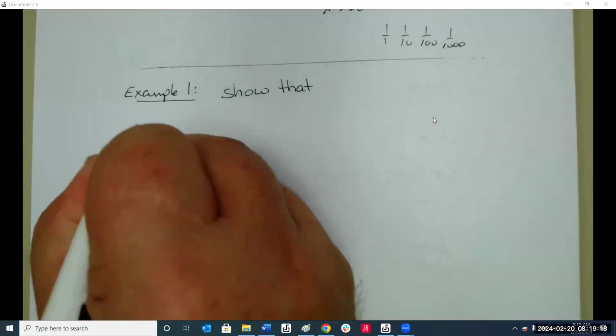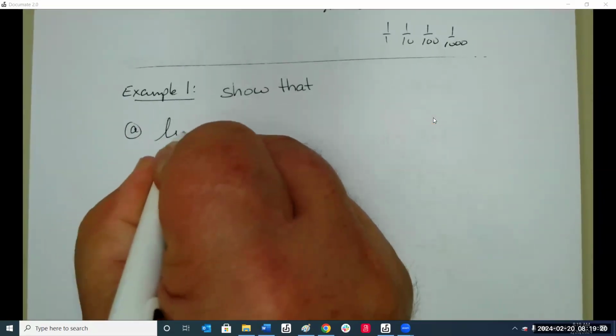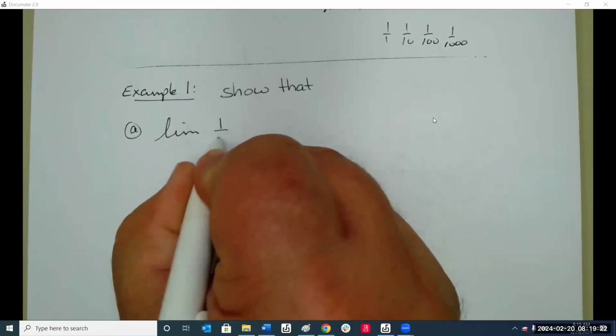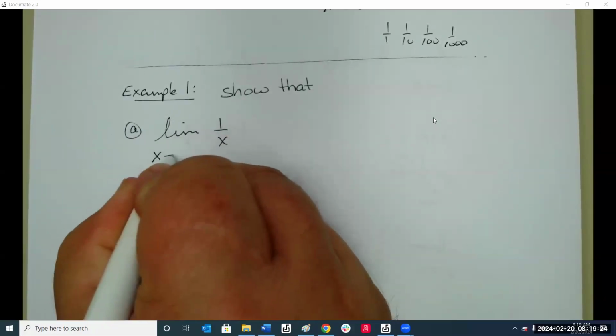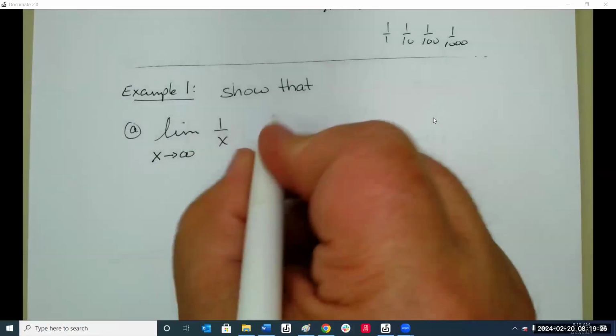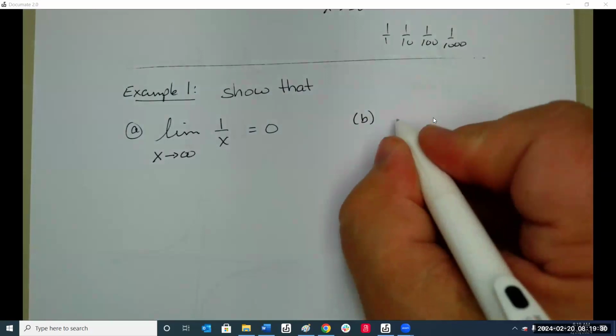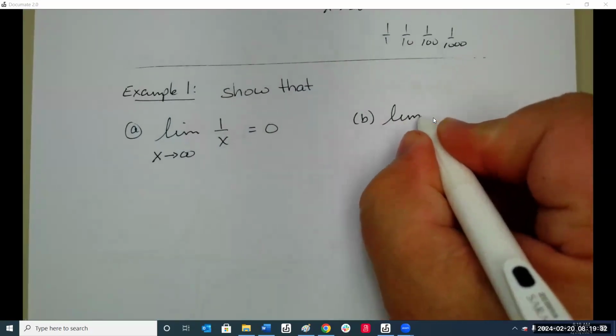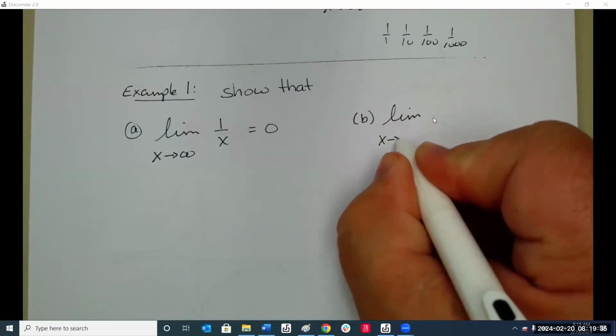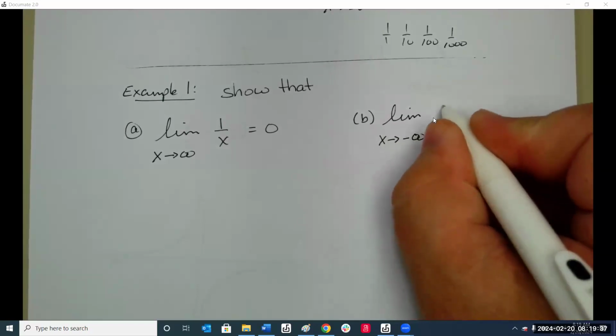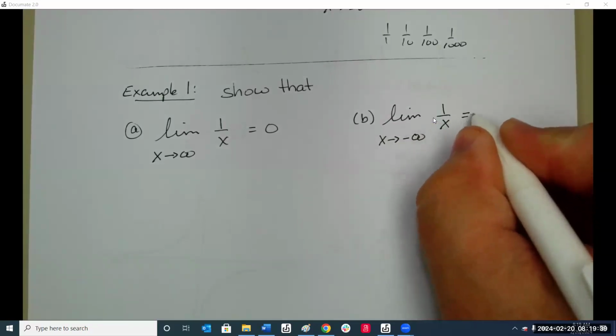Show that the limit of 1 over x as x approaches infinity equals 0, and the limit as x approaches negative infinity of 1 over x is also 0.